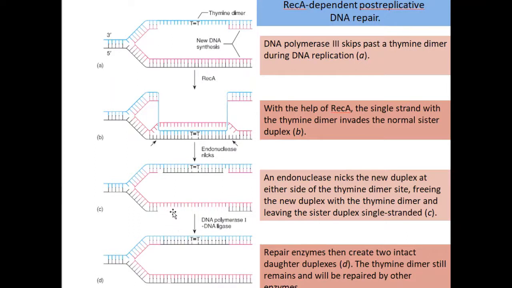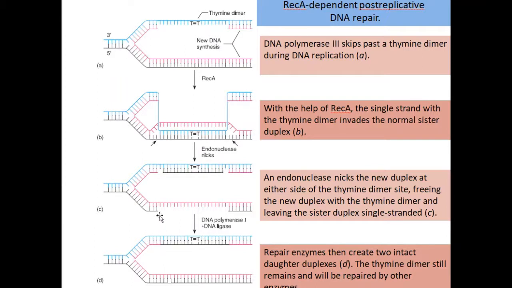And a gap comes in the parent strand over here, which was properly replicated in the beginning. So you can look here, the black strand is absent over here, and that has been transferred towards the strand which contains the thymine dimer.